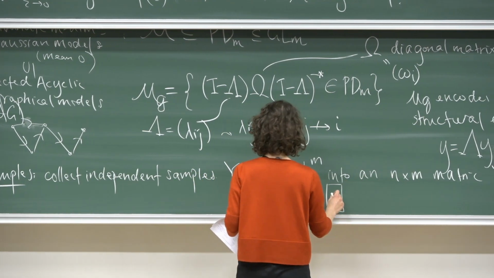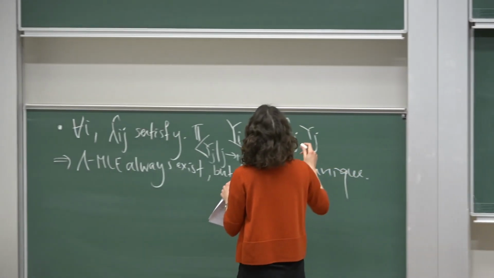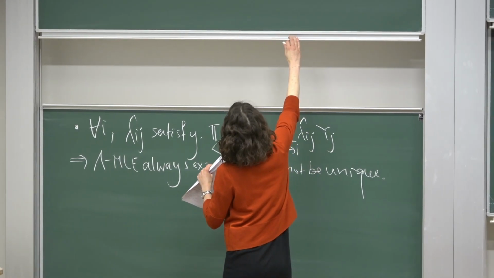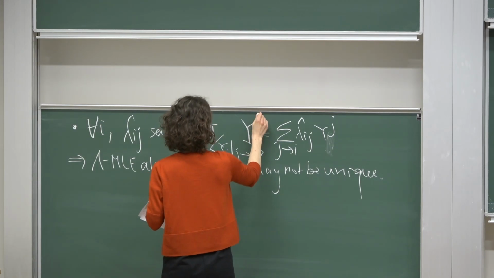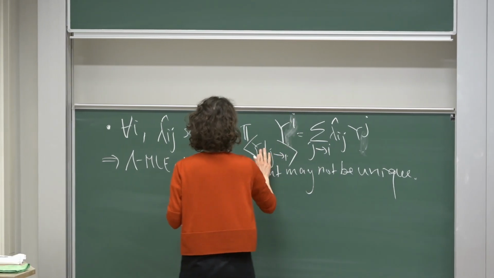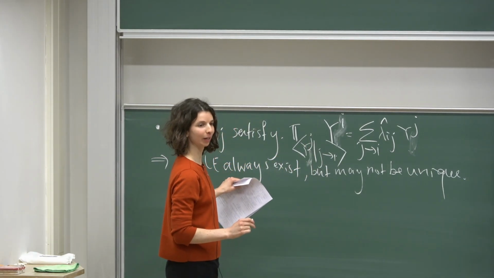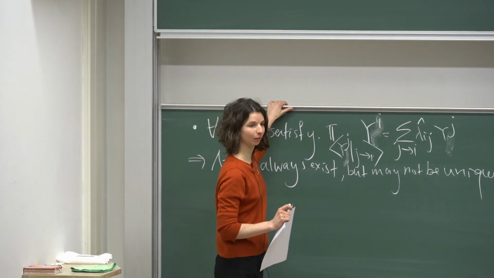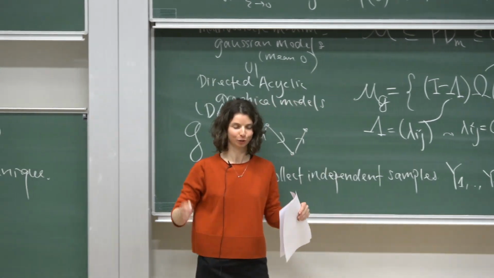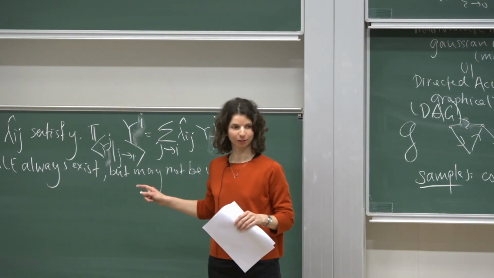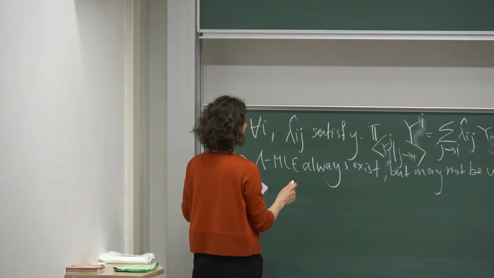My samples here are rows, so I should change my notation, thanks. Let's put j here. I think that's okay now. So I put my samples in the rows, and each of those columns is a large vector. So these are the columns of my matrix.